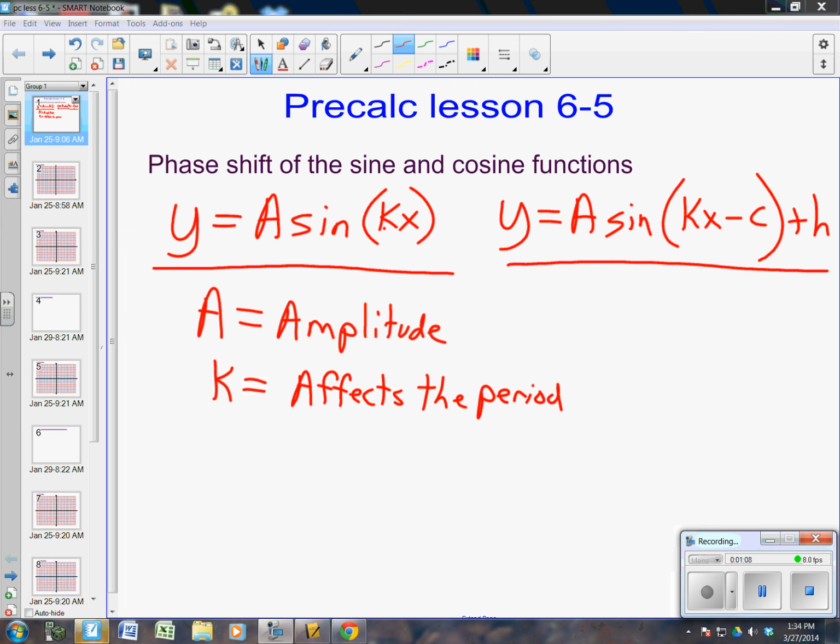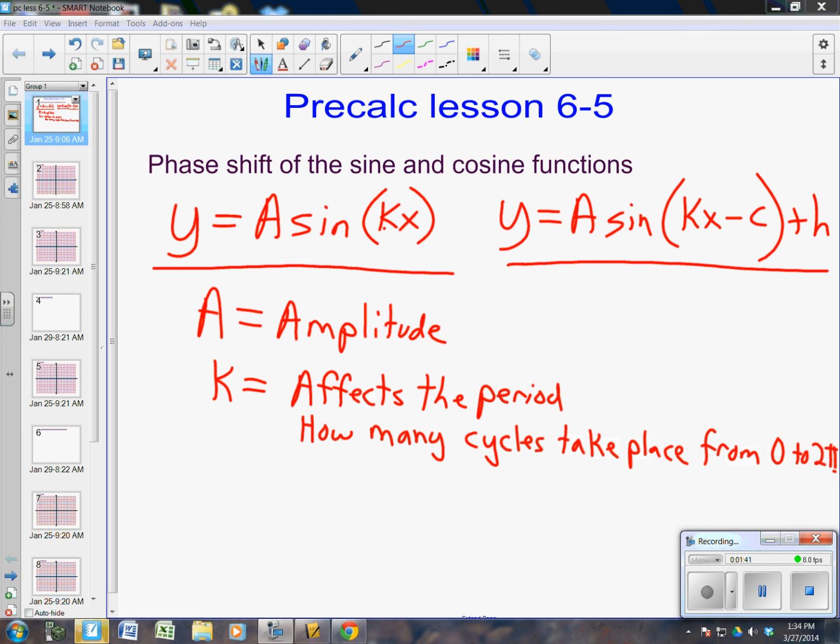K is basically how many times, like you were saying, Mitchell, how many cycles, I should say, take place from 0 to 2 pi. Okay, that's what it does.